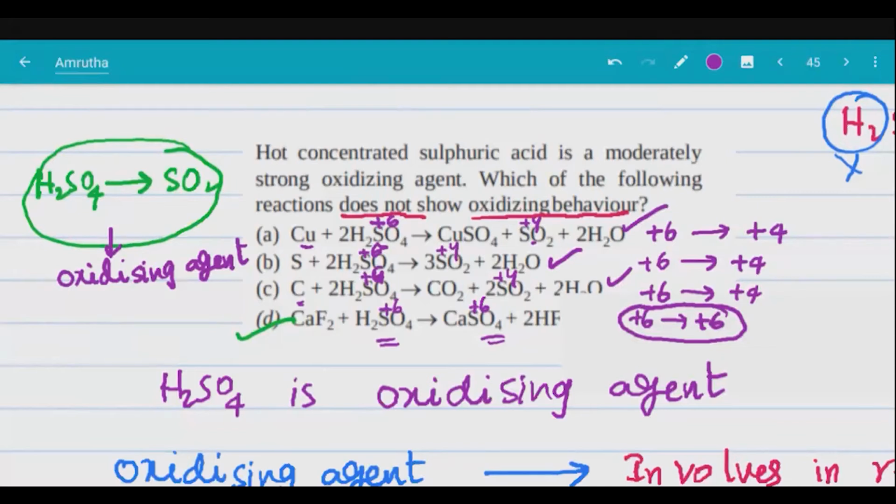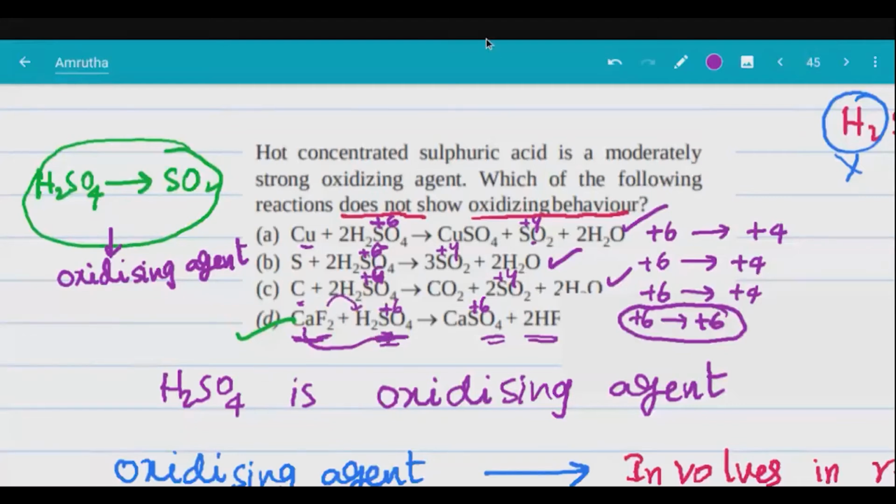Acha, a different name for this you are asking. Okay. See, what is happening in this reaction? This is not redox, no doubt, right? There is no change in oxidation number. Then what is it? Ions are getting exchanged. Fluorine is going with H, calcium is going with SO4.